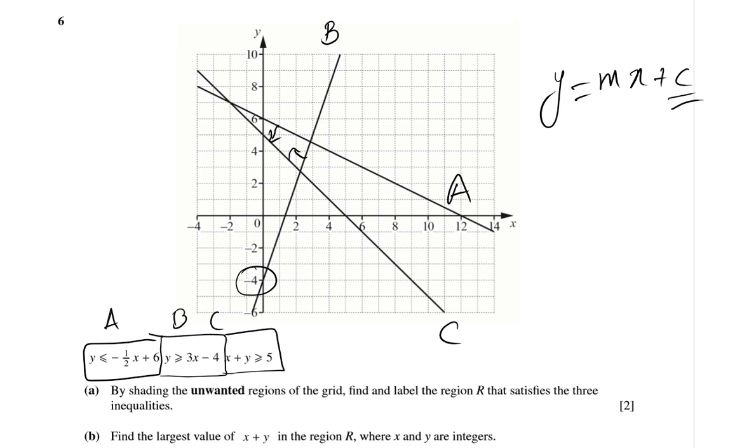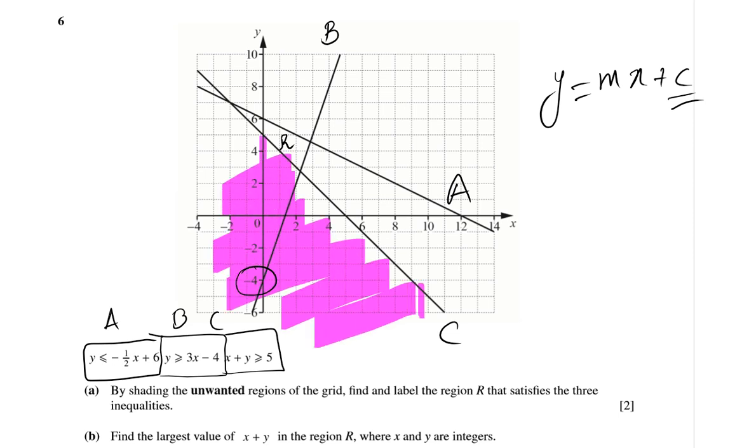That's why its equation is x plus y is equal to 5, and it is pointing towards the greater side. So it is pointing towards this direction. So definitely our region R is this, but we have to shade the unwanted region. So we will shade everything except our region. This would be the solution.